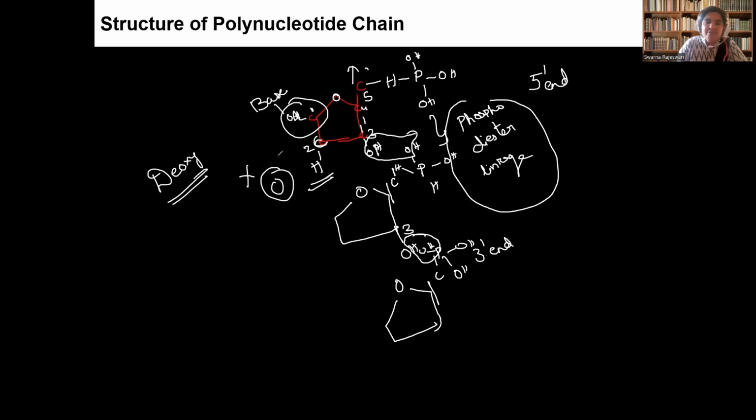This end we call the 5' end, and this end, where the third carbon is at the end, we call the 3' end. Here the phosphate is attached to the sugar molecule by phosphodiester linkage and the base is attached to the carbon by glycosidic linkage. So this is about one strand of DNA.